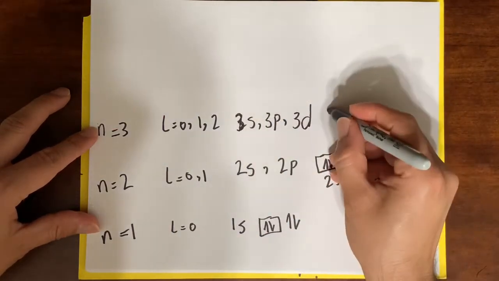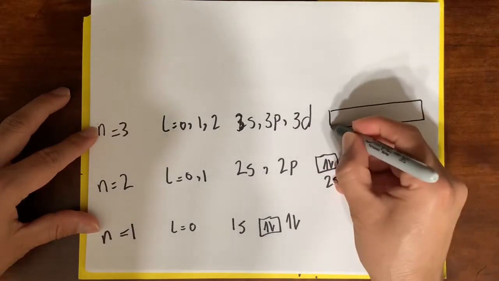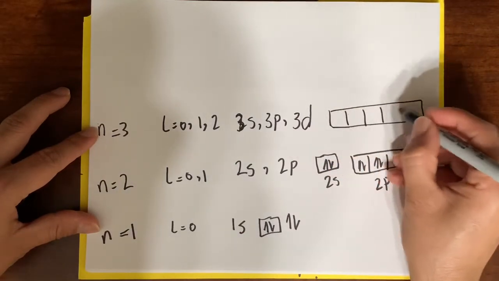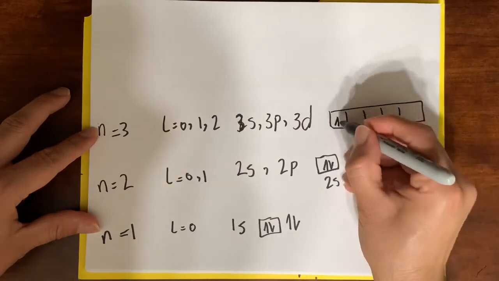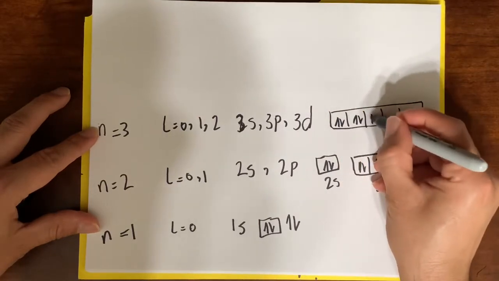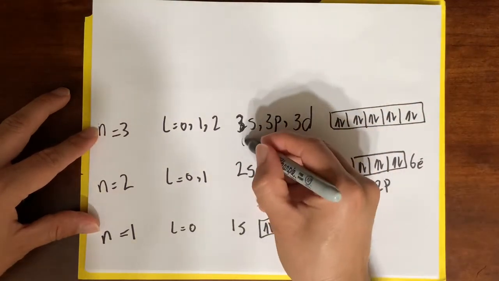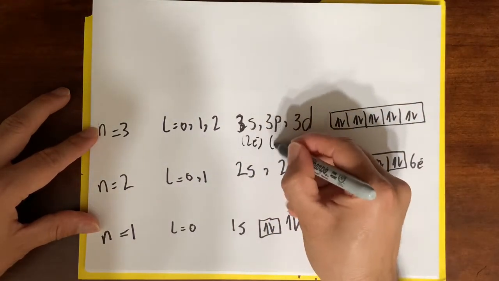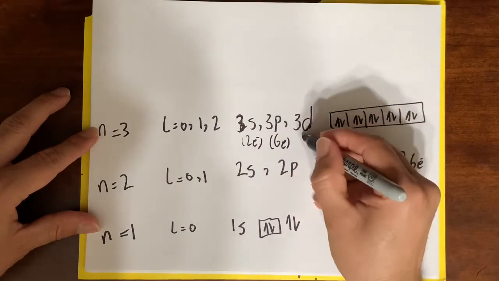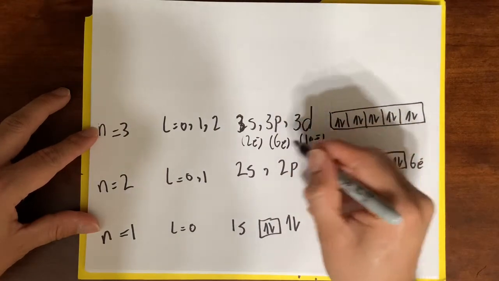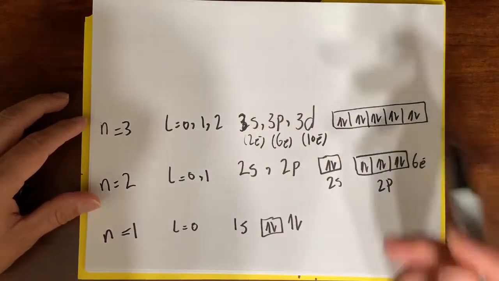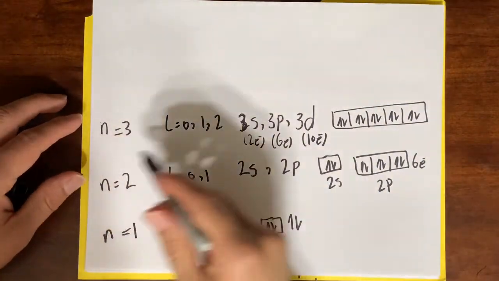I'm going to show just the d orbital, and the d orbital is made of 5 boxes. You can accommodate 10 electrons in it. In 3s you can put 2 electrons, 3p 6 electrons, and d 10 electrons. So now we're talking about 18 electrons for just the third period.